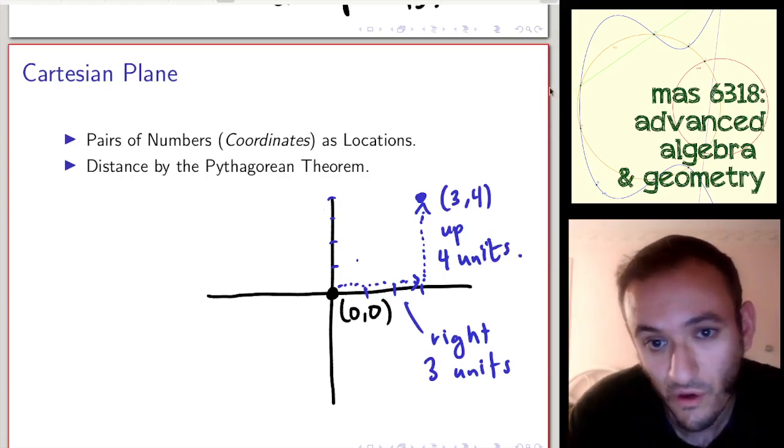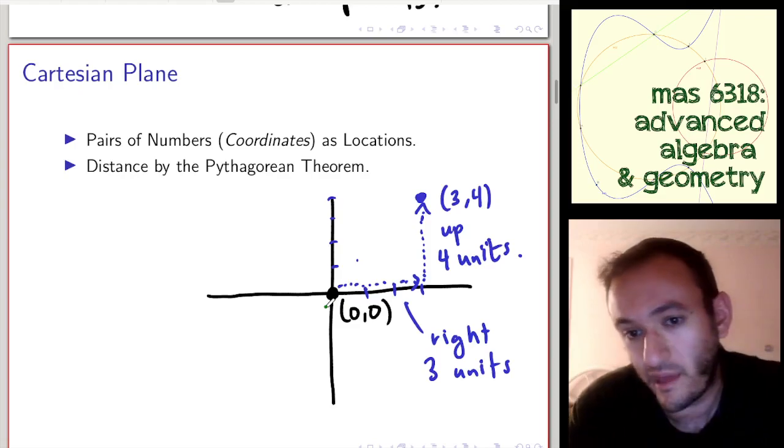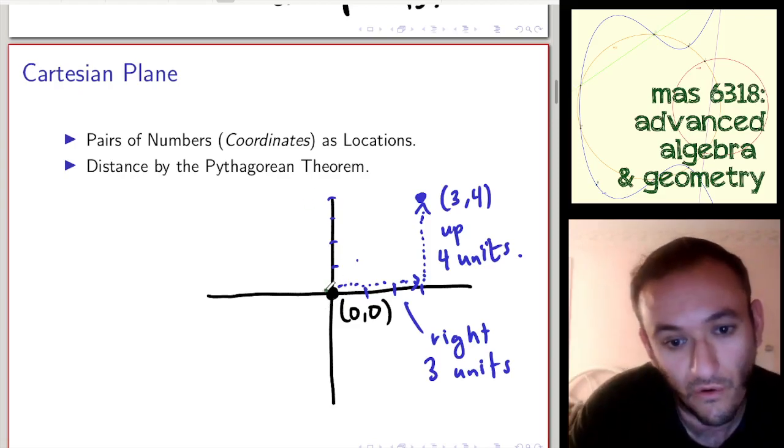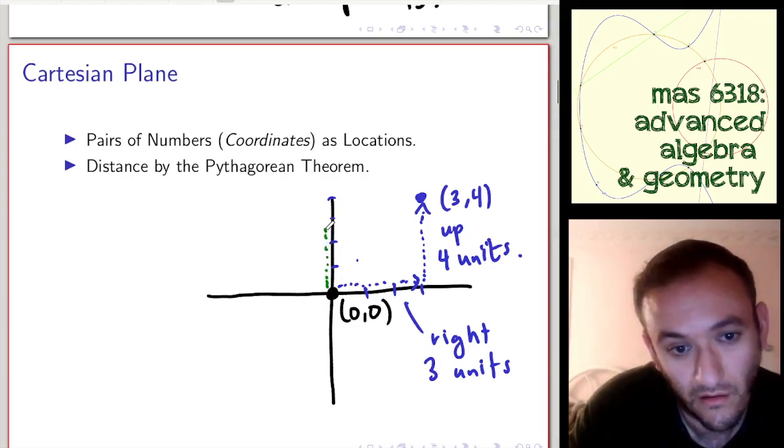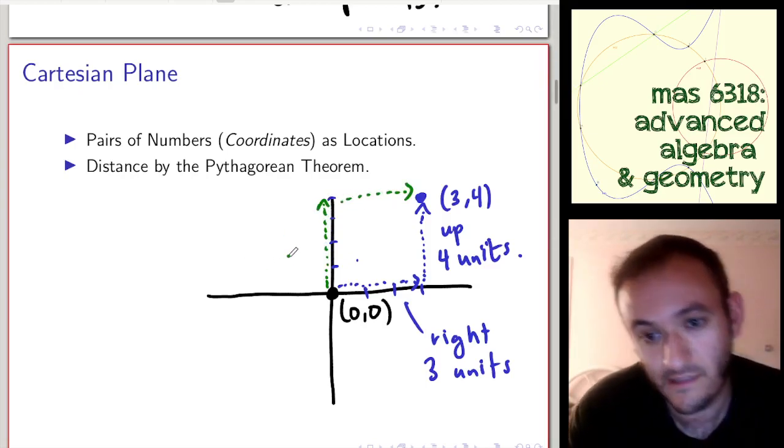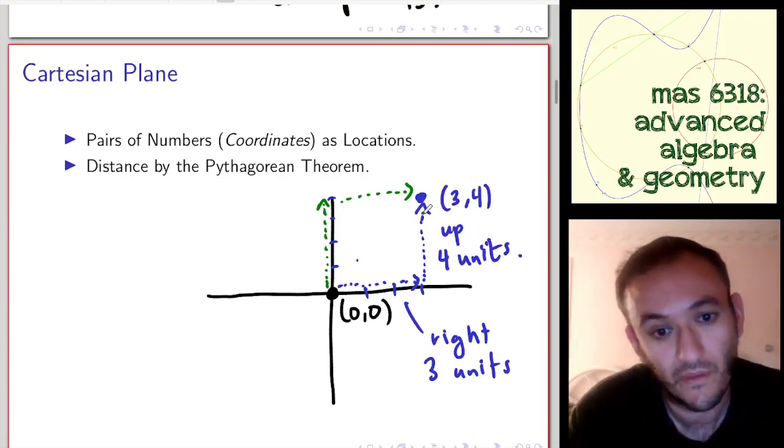And I could also go in a different order. There's nothing telling me I have to go first right and then up. I can also go up and then right. So go up 4 units, right 3 units, and you'll end up at the same place.